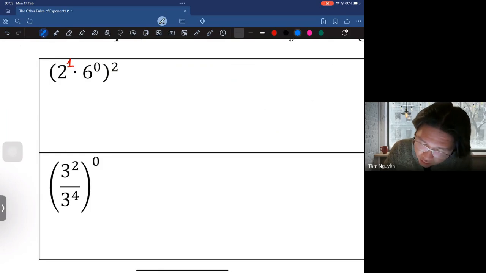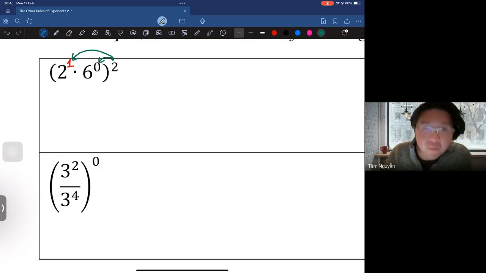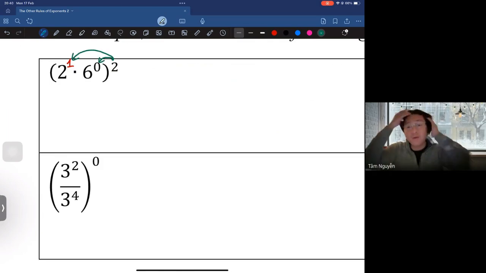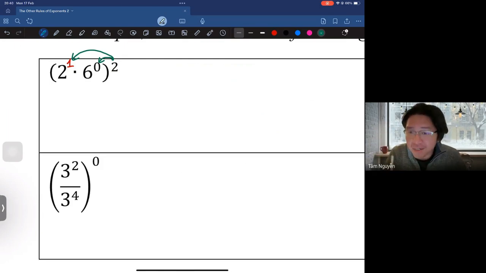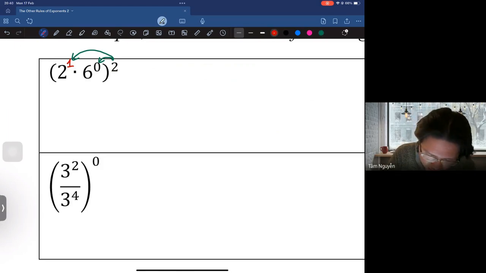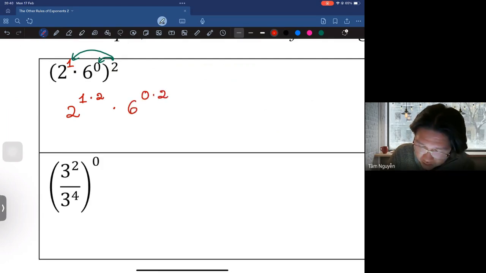So now how am I going to simplify this one? Again, I'm going to distribute the power outside into every exponent I have inside. So this one turns into 2 to the power of 1 times 2, multiplied by 6 to the power of 0 times 2.